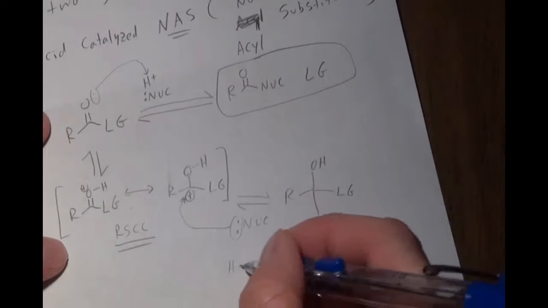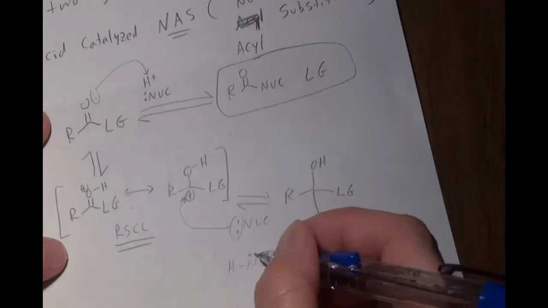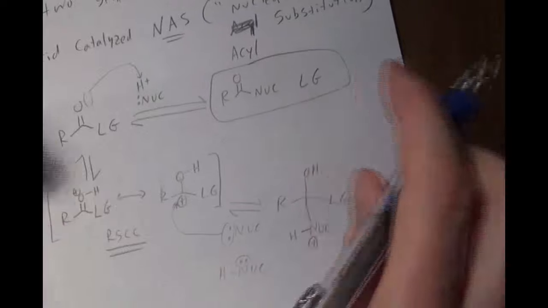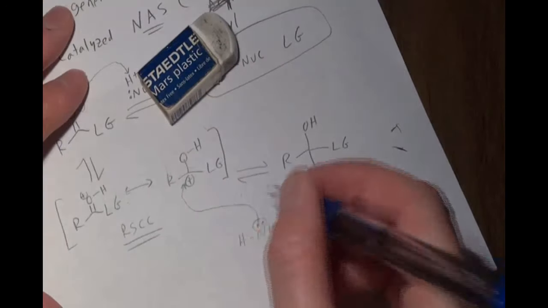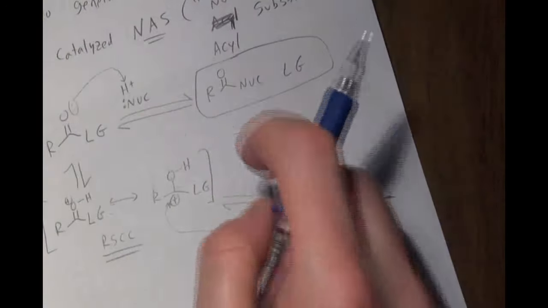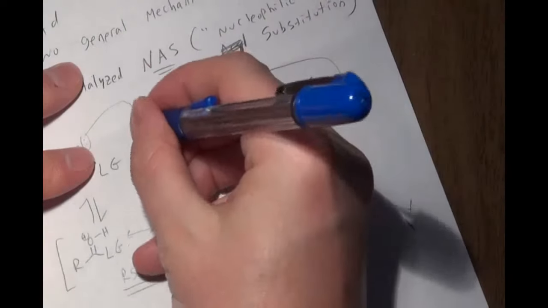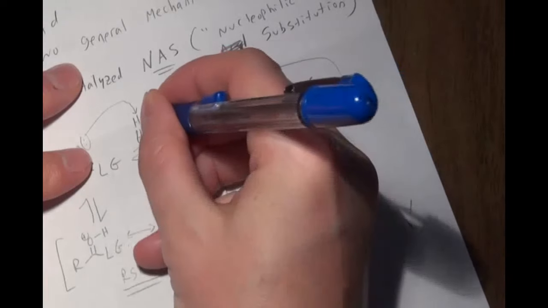So let's just change this to H-nuc, because it's usually like an alcohol or something. Sorry. It was in my notes, and I didn't look at my notes. So there we go. And then we'll do it in the beginning too. Let's change it to the very beginning. I'll show you it when we're done here. So I'm changing, there we go.